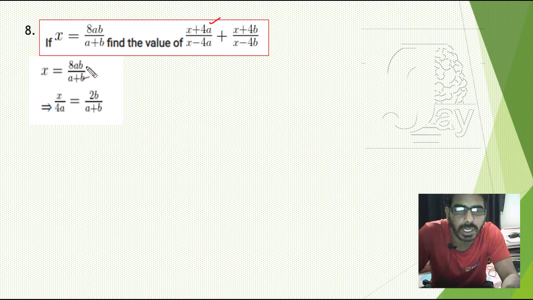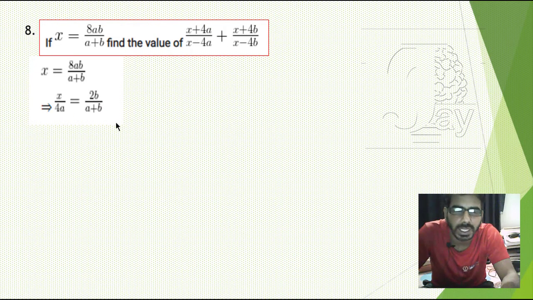If we can shift 4a from here to the denominator of x, then we get x by 4a. So 8ab, we can write as 4a into 2b. We get 4a down in the denominator part, and here it is 2b by (a plus b).